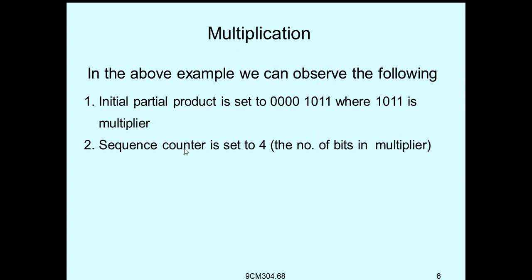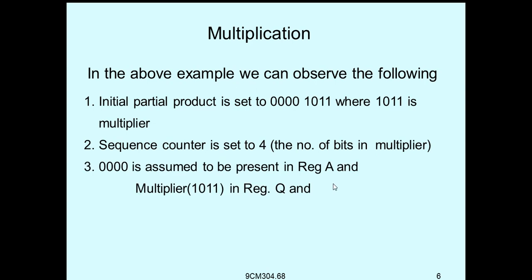The SC is equal to the number of bits of the multiplier, and 0000 is assumed to be present in register A, the multiplier 1011 in register Q, and the multiplicand 1001 in register B.